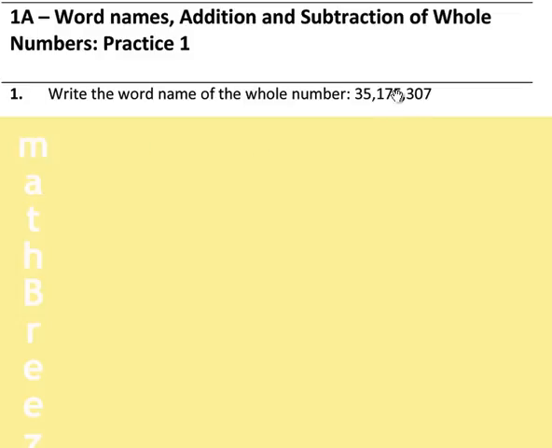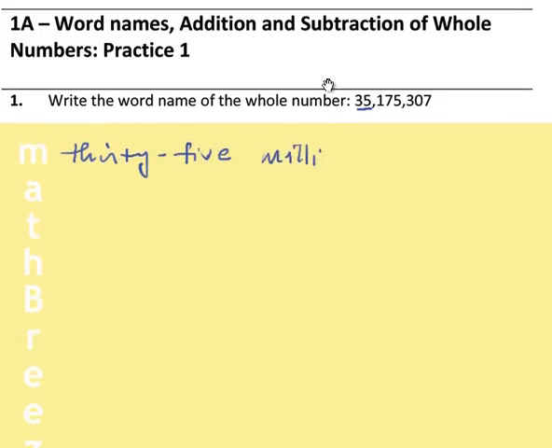In number 1, we want to write the word name of this number. So we'll start with the first group, 35, and we'll write out 35 million. Million because we do have 6 digits following it.